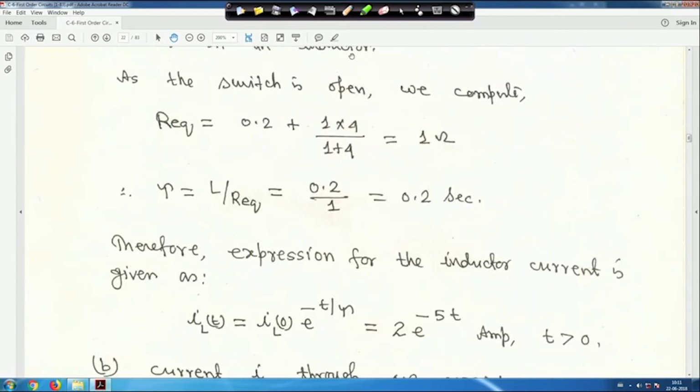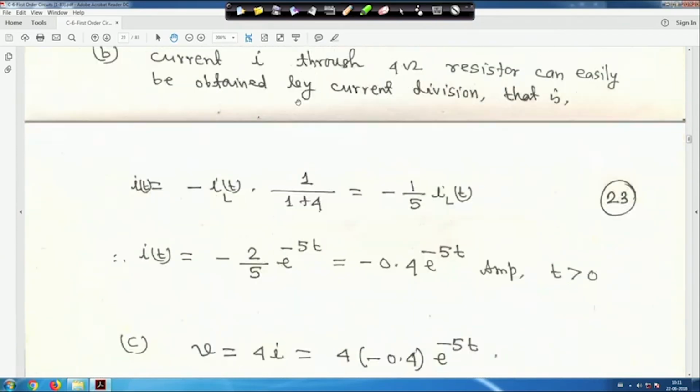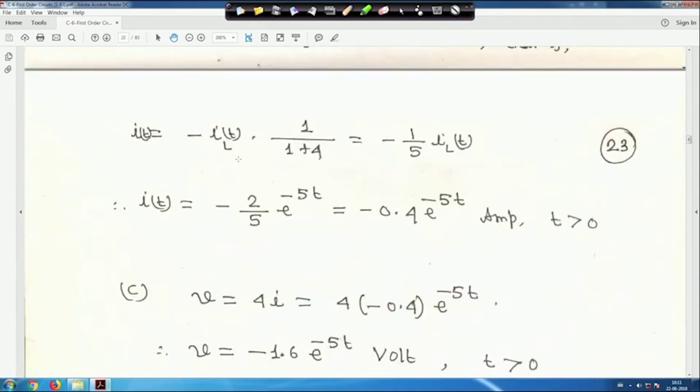That is why IT is equal to minus IL into 1 upon 1 plus 4, that is minus 1 upon 5 ILT. This is current division: the 4 ohm and 1 ohm are in parallel, so the current flowing through the 4 ohm resistance will be 1 upon 5.